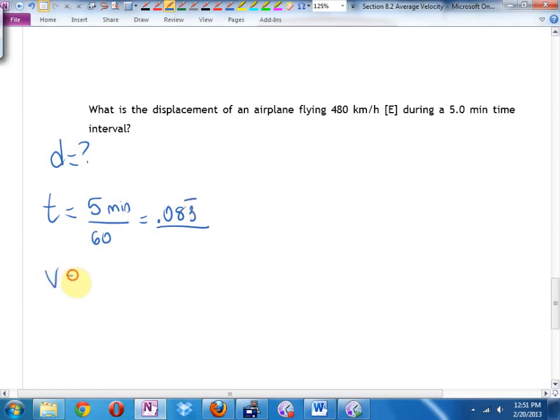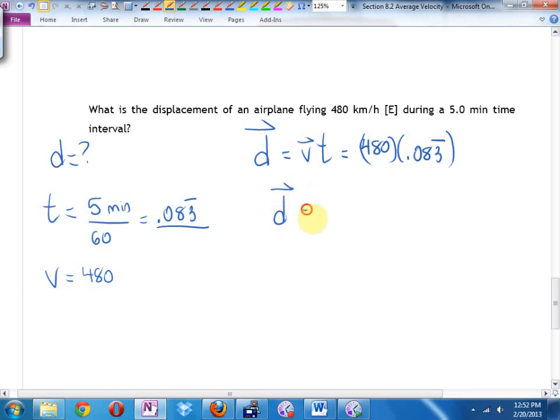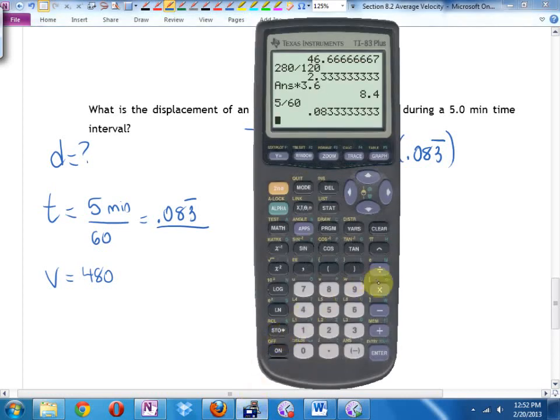The speed, actually the velocity, because there is a direction they gave me, is 480. Distance equals velocity times time. Actually, it's a displacement. Velocity, 480. Time, 0.08333333, etc. It's this times 480.